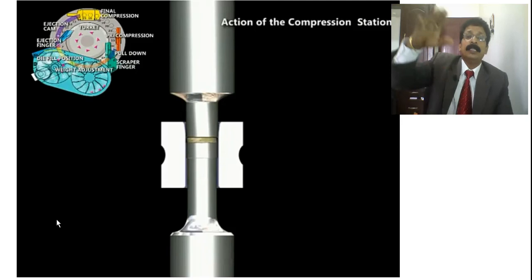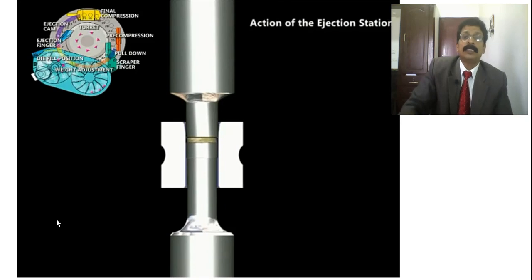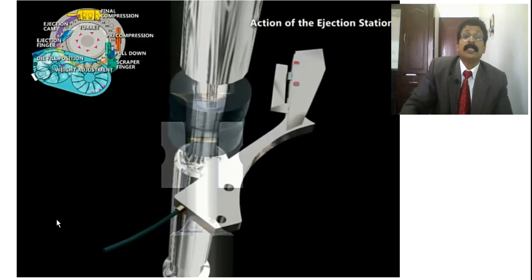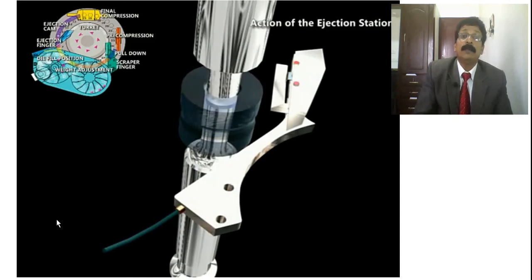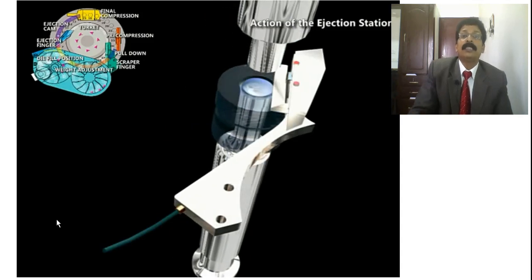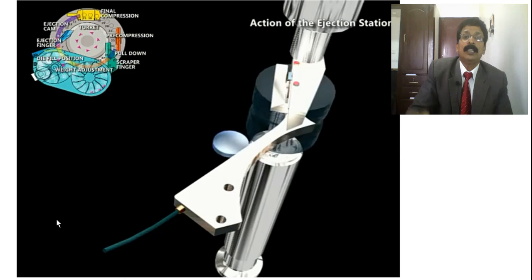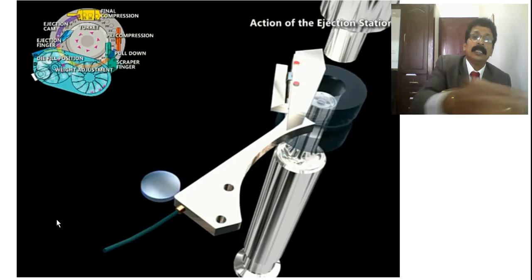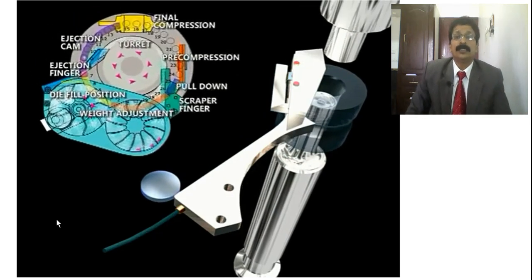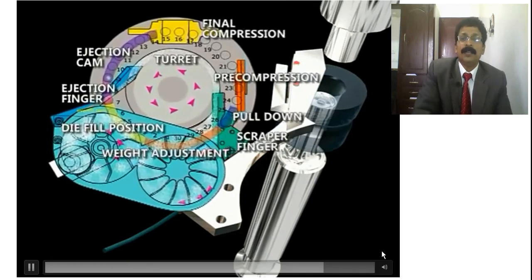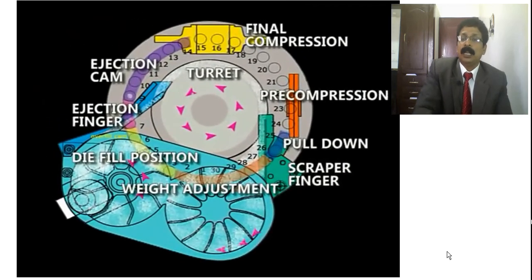After compression, the next step is the ejection stage. The tablet will be ejected by the lower punch. Now the upper punch goes off, and the tablet is ejected in this way. So this is an animated video which will give you some help in knowing what is happening there.